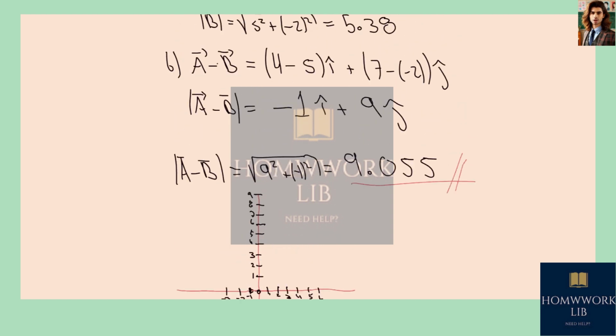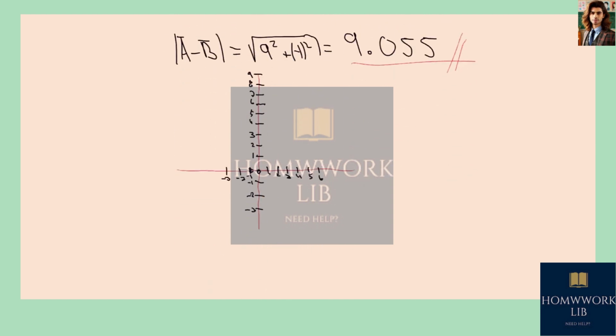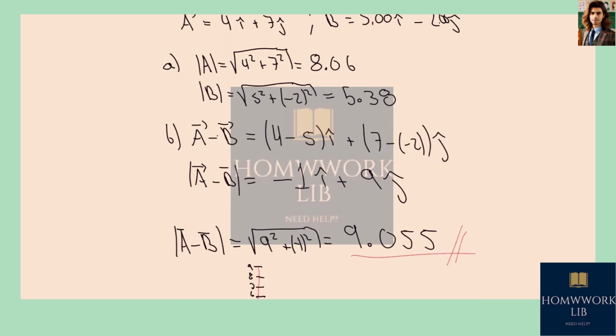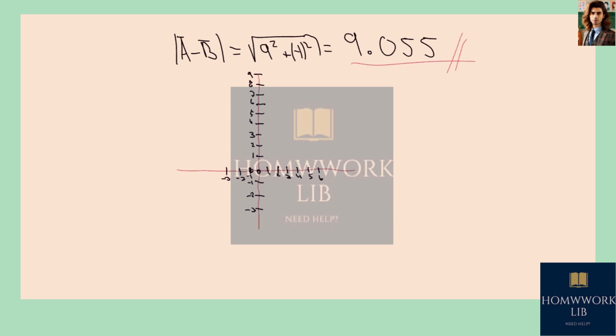So the results that we're going to get are, first of all, we want to write down the vector a, which is 4i plus 7j. I'm going to put a in red, 4 on i over here, and 7 on j. So something like this, and trying to make this as straight as possible.